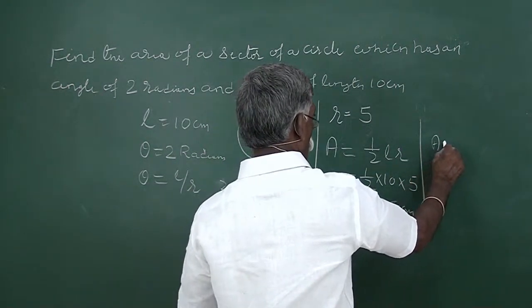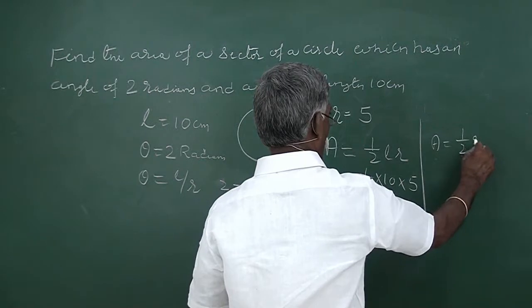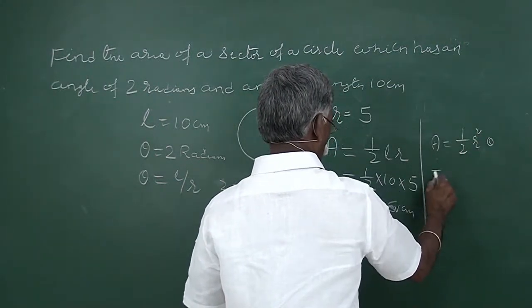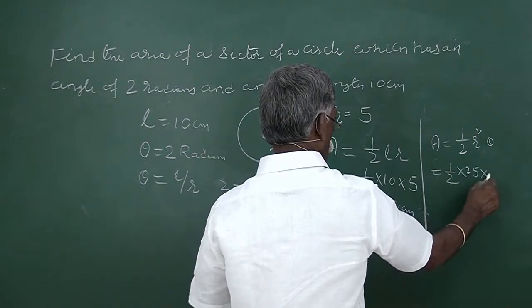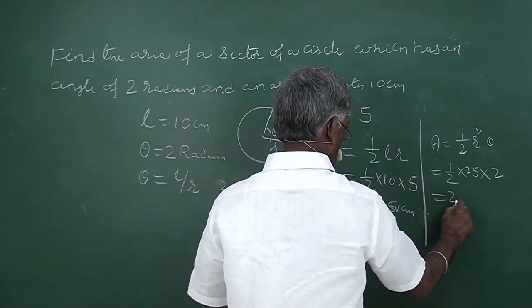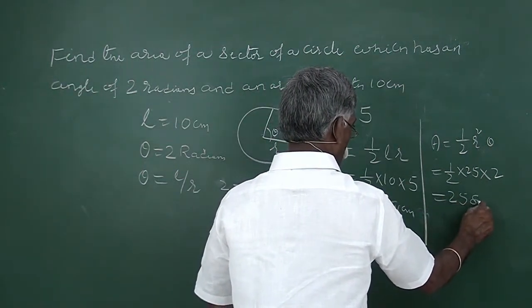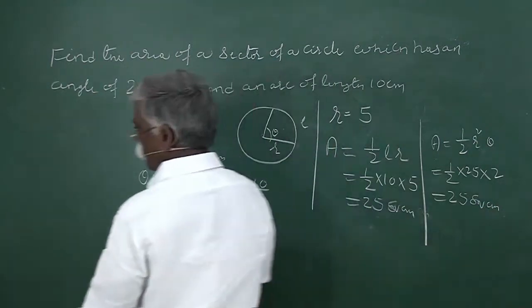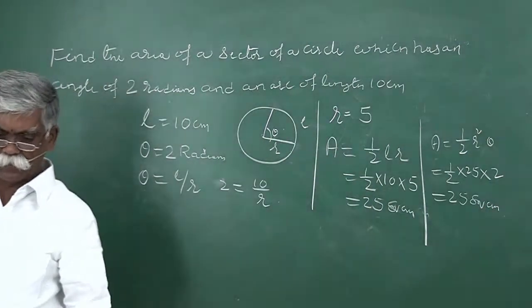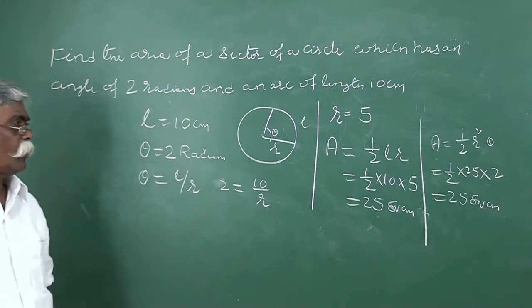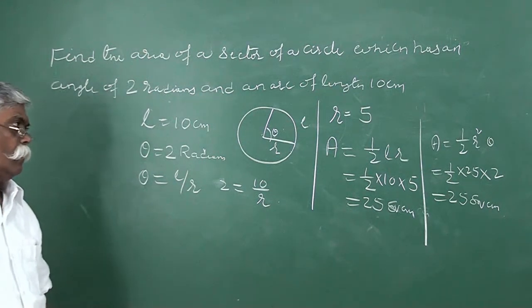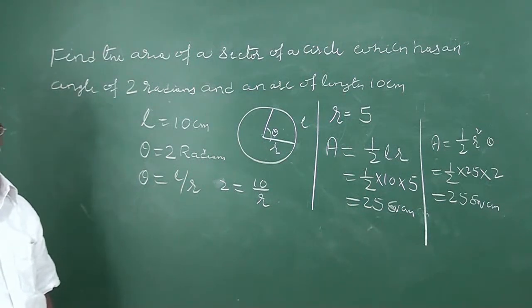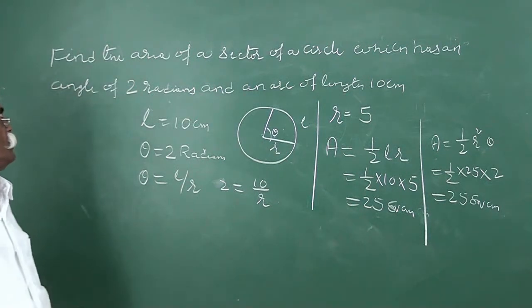This is also area equal to half R square theta, and this is half into 25 into theta, which is 2. So either this way or the other way we can calculate the area of the sector. The most important point to remember is that the area of the sector is half LR. It is also equal to half R square theta because theta is L by R.